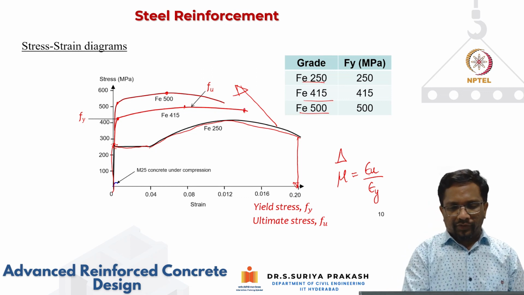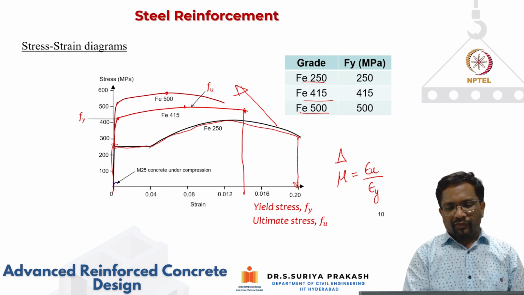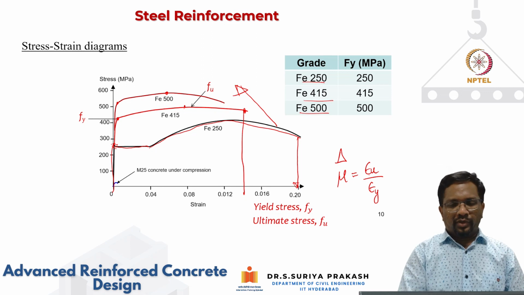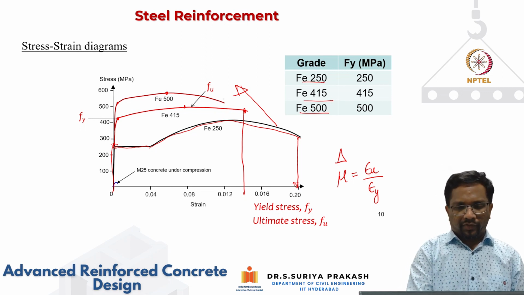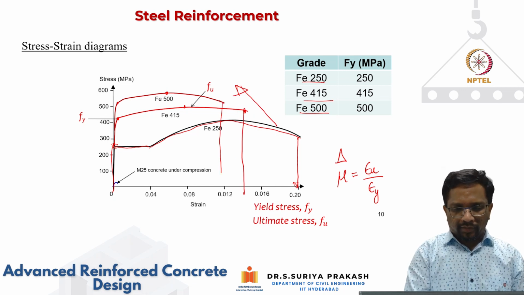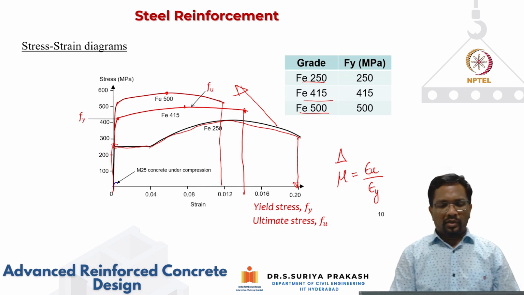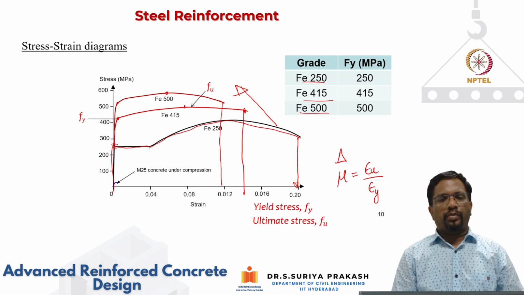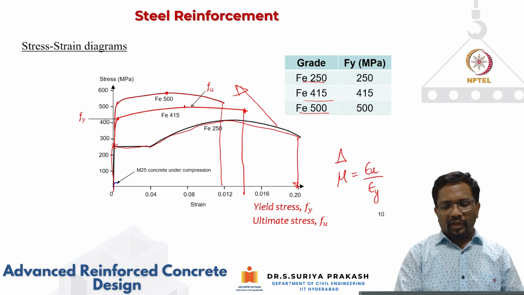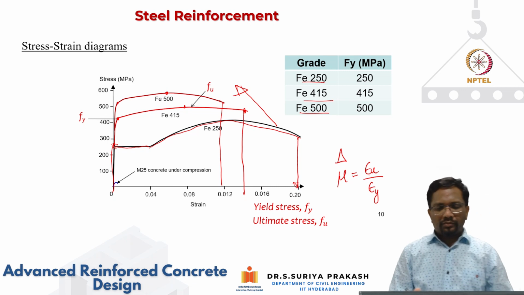Same way for steel also, the ultimate strain for Fe 415 is about 0.014, compared to 0.2 for Fe 250. Similarly for Fe 500, it is about 0.012, which multiplied by 100 is 1.2 percent, or about 0.016.